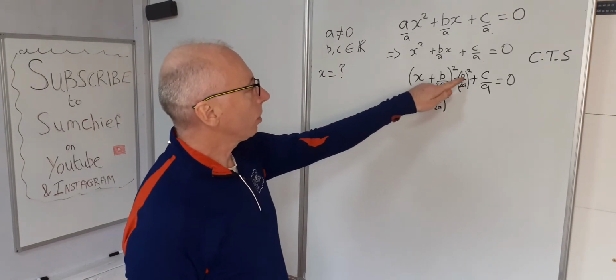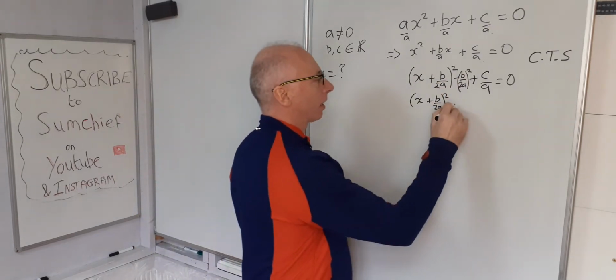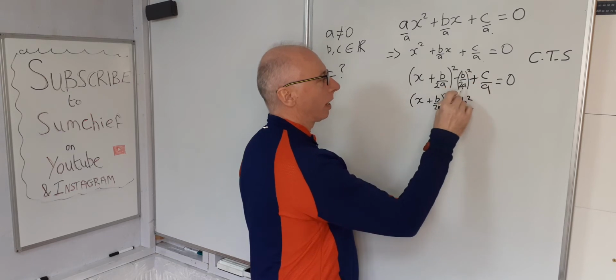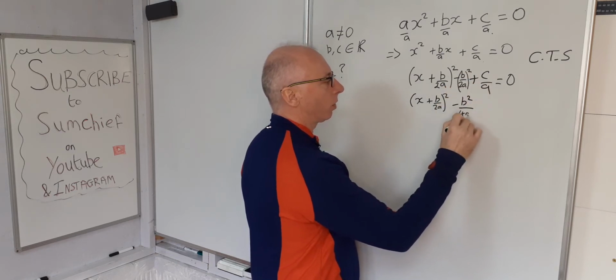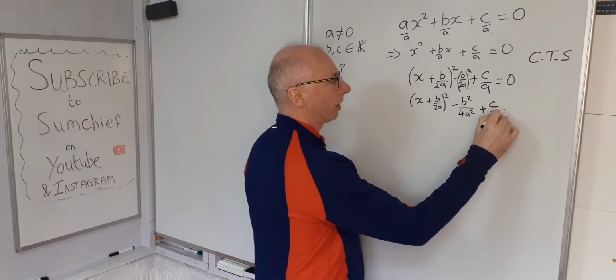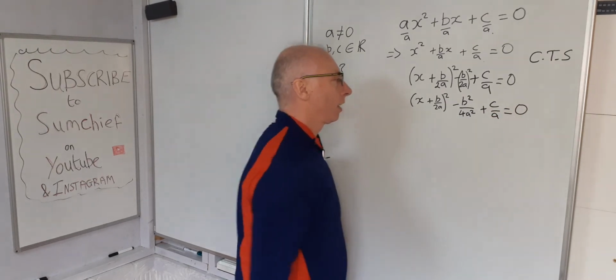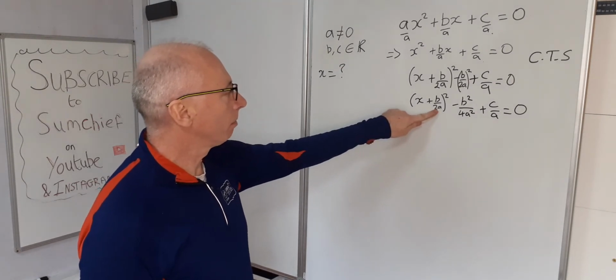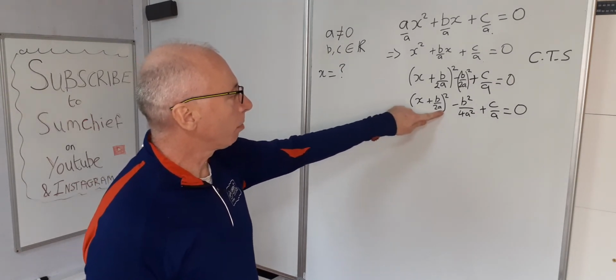Now let's square this up and see what it looks like. So we've got minus b squared, that's the b squared, and then 2a squared is 4a squared, plus c over a equals 0. Okay, so this is our x term, so we got that within these brackets.